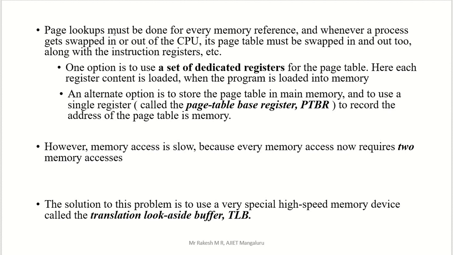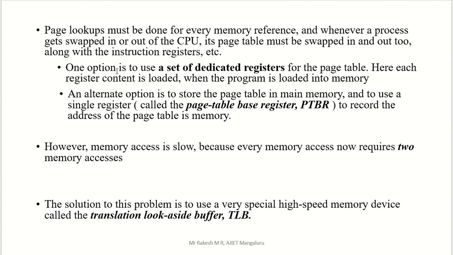So here page lookup in the page table must be done for every memory reference, and whenever a process gets swapped. Swapping concept: we are taking one process out and sending another process in. If any process is changed, the page table should be changed, because related to that process we need its page table.